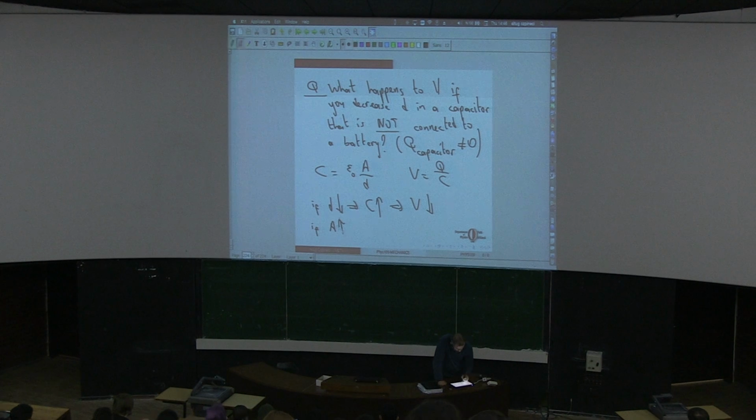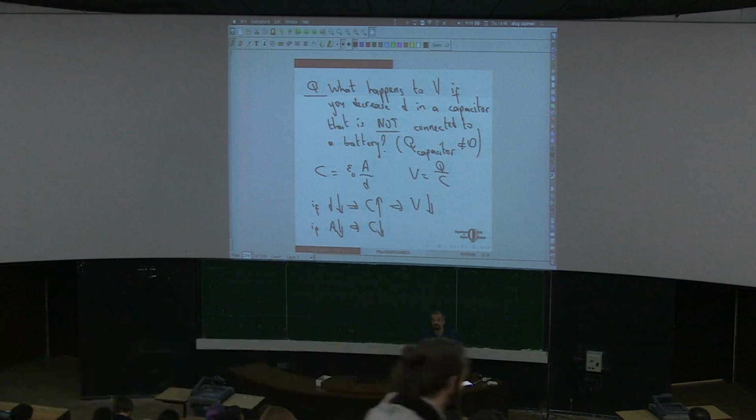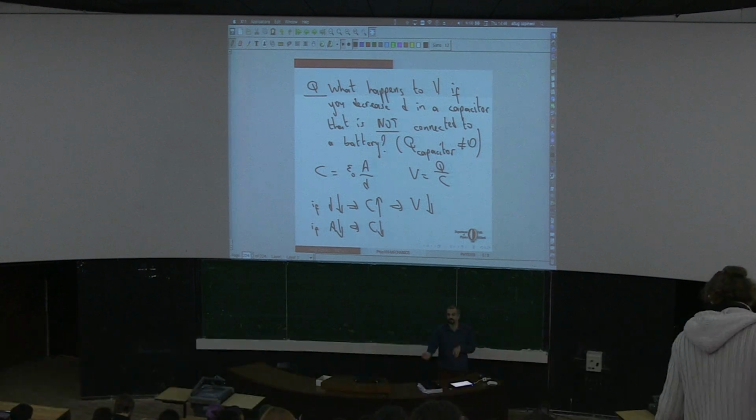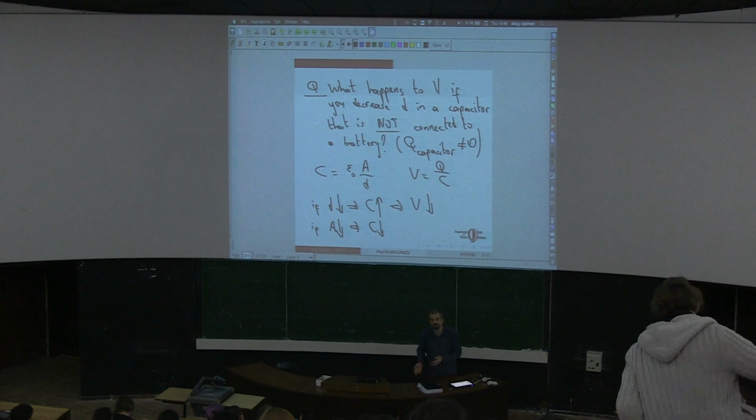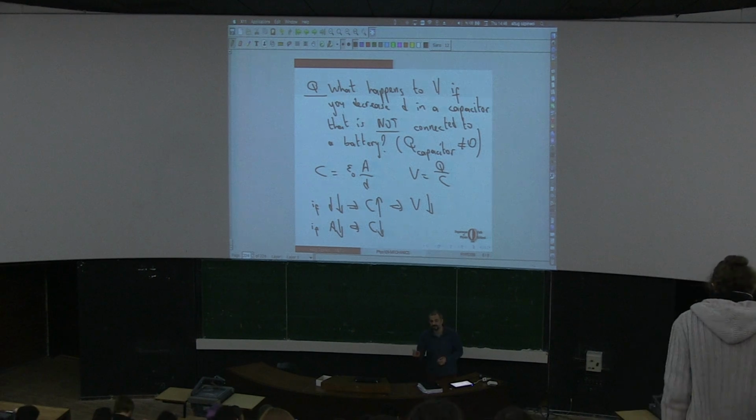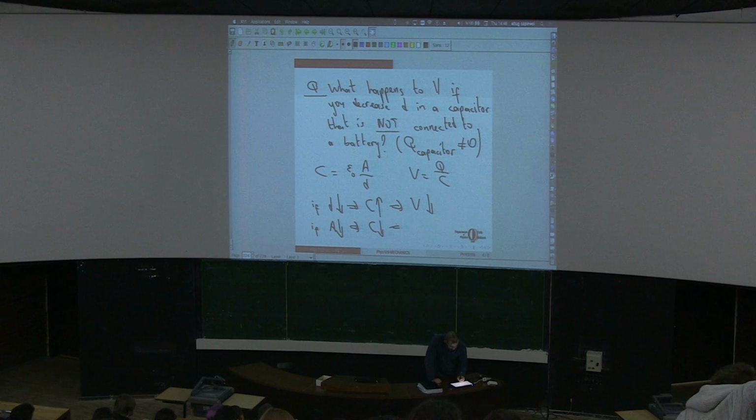Or let's say if area is being decreased, the charge density is increasing, capacitance is decreasing. If the charge density is increasing, you are increasing the electric field. Since you are increasing the electric field over the same distance, then V is increasing.